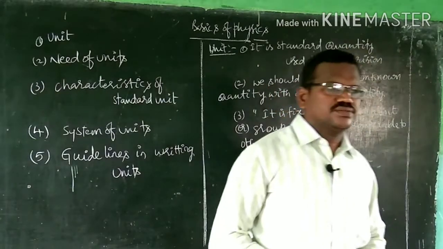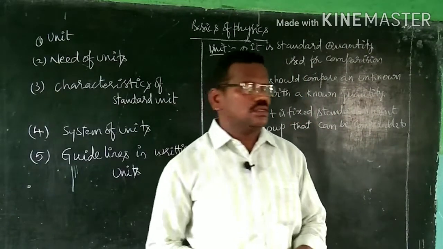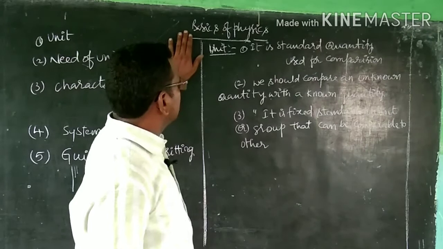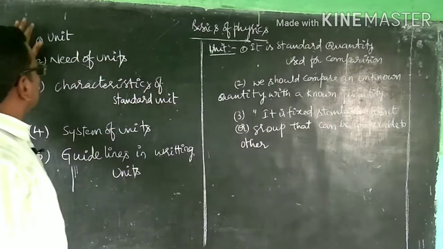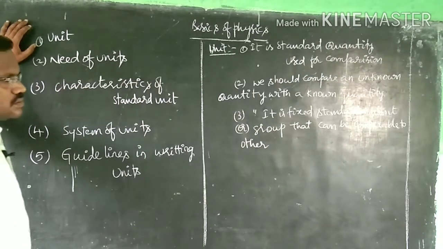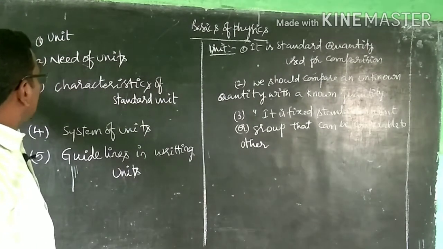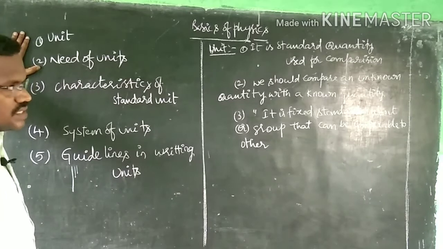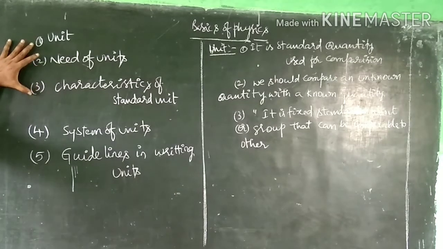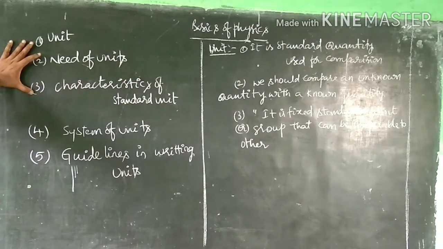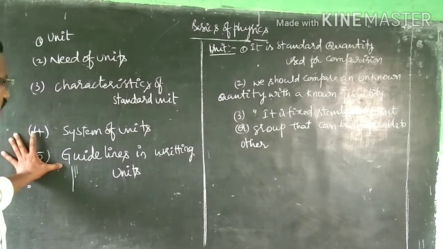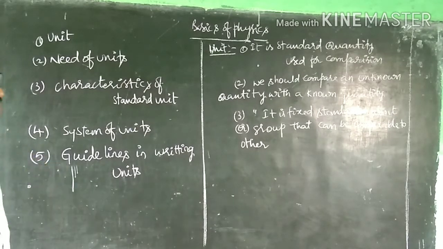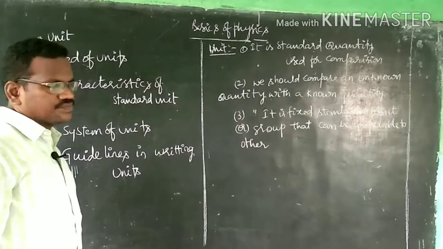Hello students, in this module on the basics of physics, today we are going to learn what a unit is, what the needs of writing units are, what the characteristics of a standard unit are, what a system of units is, and what guidelines we follow while writing units.